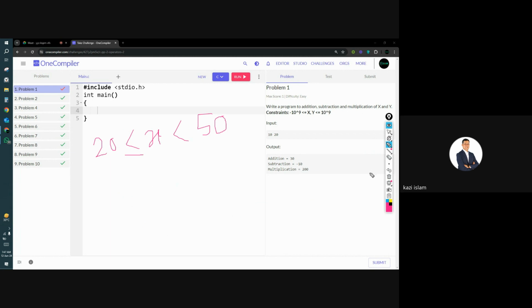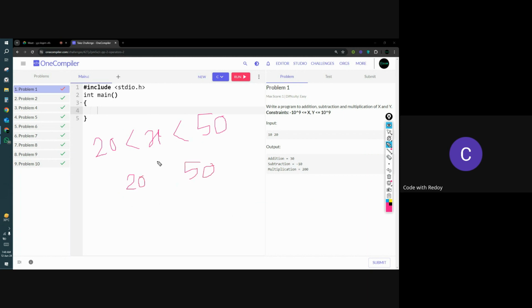So look, that means 20. When you use the less than operator, 20 less than x less than 50, that means the value of x should be greater than 20 and less than 50.